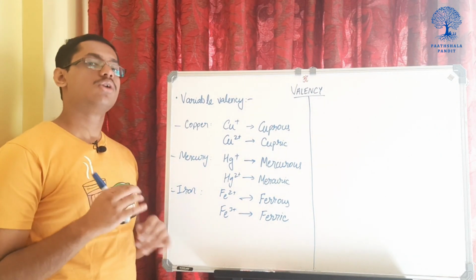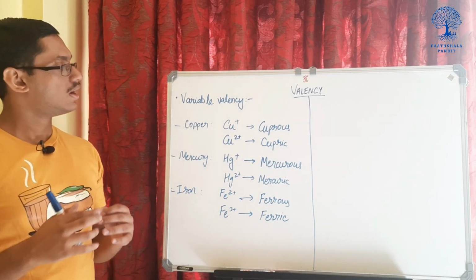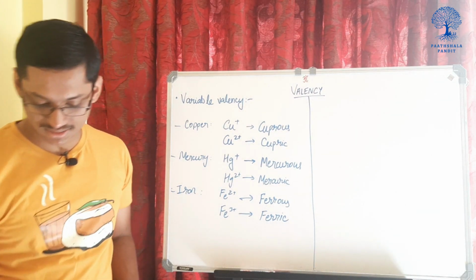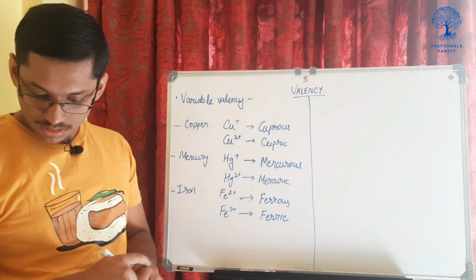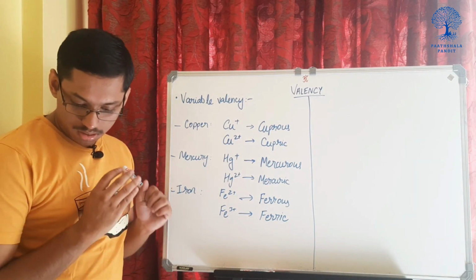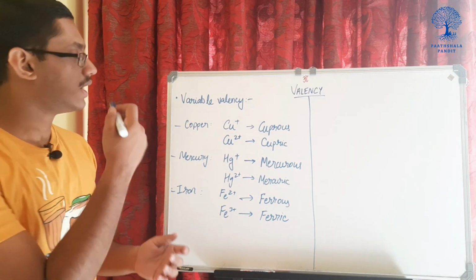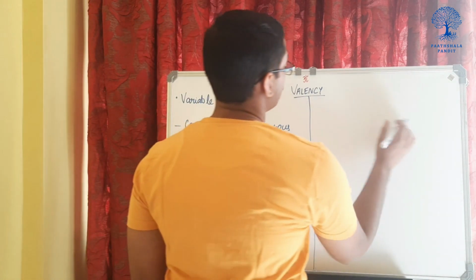Now let's see how to calculate the valencies. Not the variable ones, the fixed ones. Let me show it here itself.